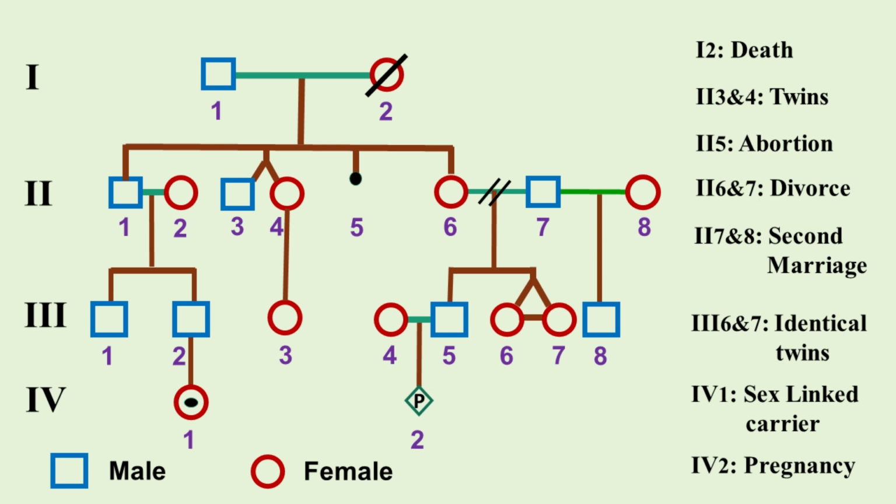Also, you see that individual II7 mated or married again with number 8, so he had a 2nd marriage. In the 3rd generation, we see individual 2 having a daughter, also without mentioning his wife, as I explained for individual II4.